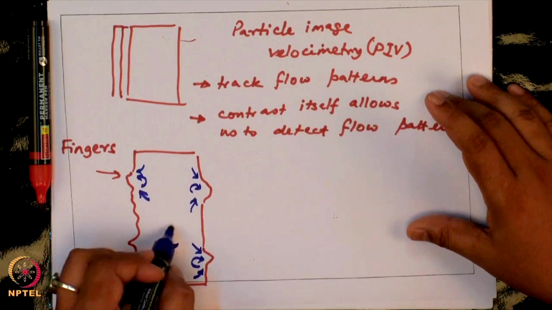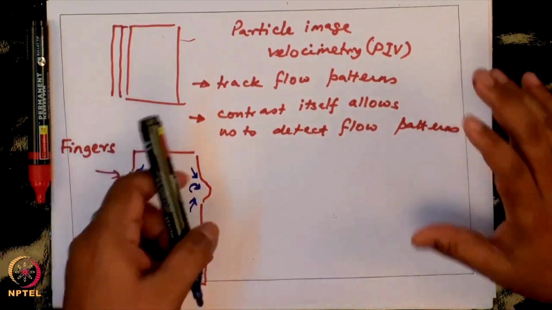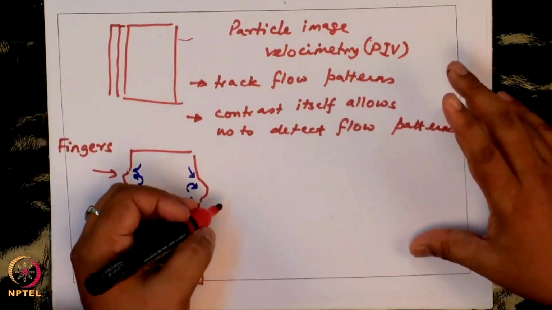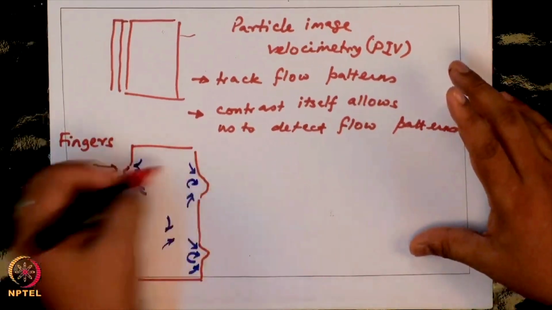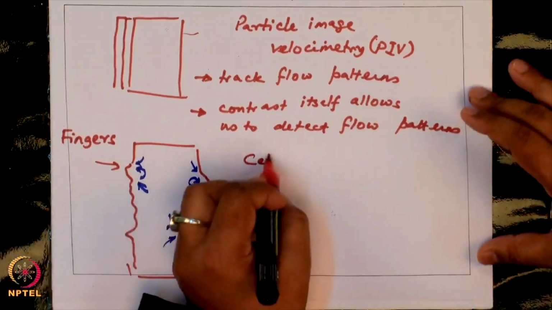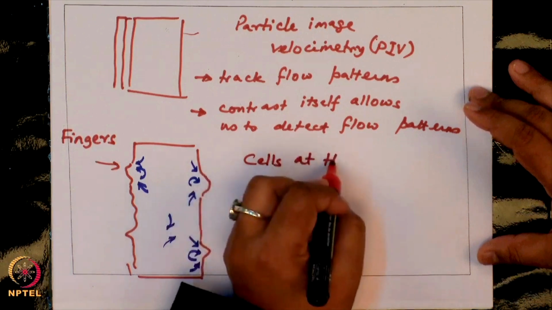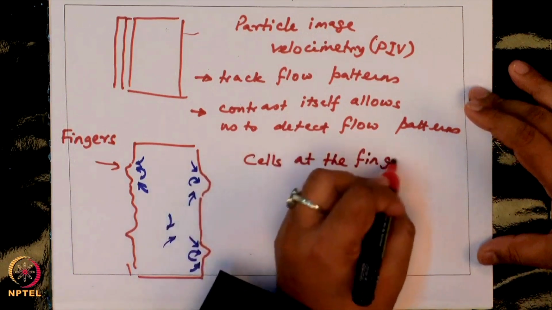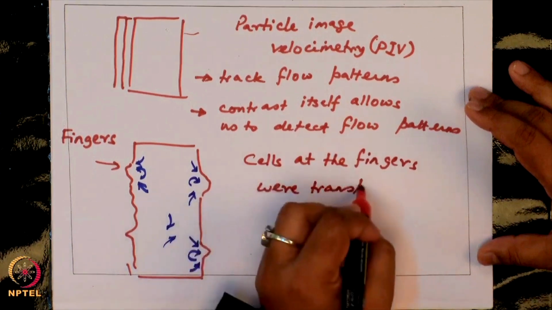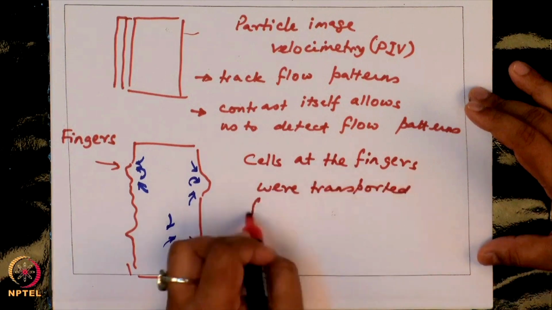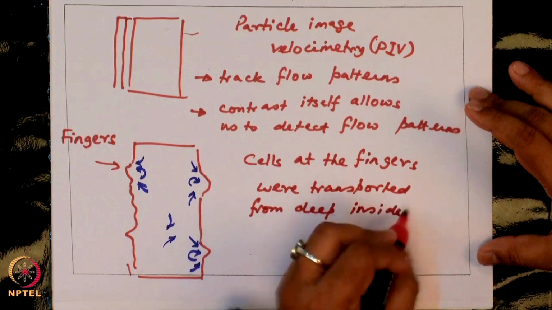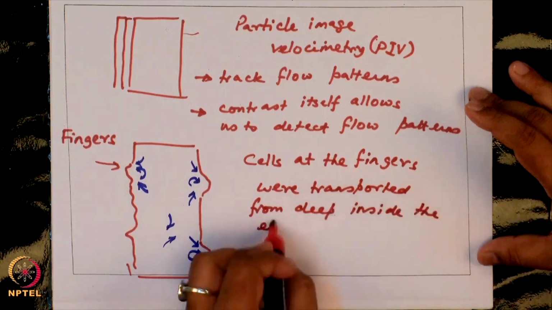Okay. And you can have various flow patterns deep inside the tissue as well. So even though this is the leading edge, you can detect flow very far from the leading edge, okay, suggesting that many of the cells at the fingers were transported from deep inside the epithelial layer.